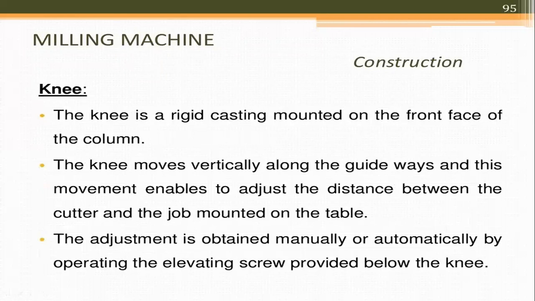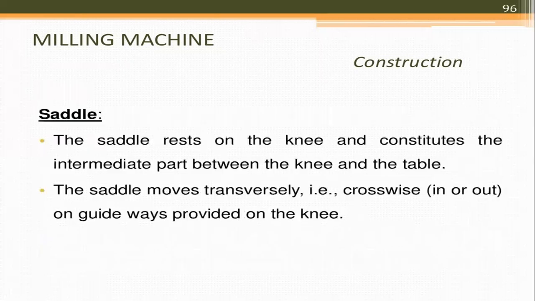The knee is a rigid casting mounted on the front face of the column. The knee moves vertically along the guided ways, and this movement enables adjusting the distance between the cutter and the job mounted on the table. The adjustment is obtained manually or automatically by operating the elevating screw provided below the knee.